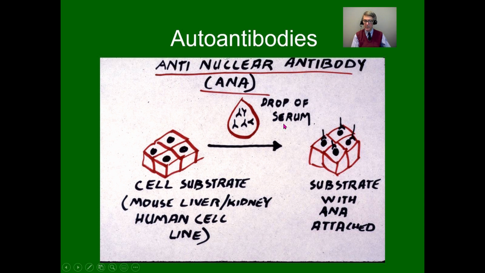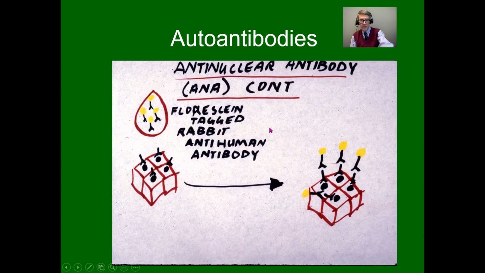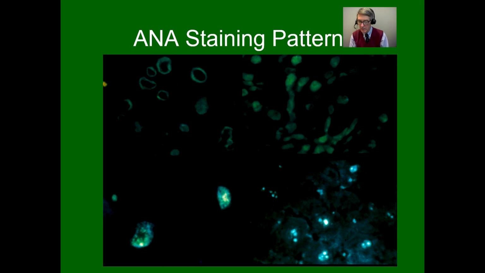Typically, it's diluted in a ratio of 1 to 40, 1 to 80, 1 to 160, 1 to 320, etc. That's layered on the slide, and then the slide is washed, and if there's an antibody to the nucleus, it will attach. And then after the slide is washed, a fluorescein tagged rabbit antibody is layered on, and that is washed, and then it's looked at under a microscope with a fluorescent light source. And one gets pictures that look like this.